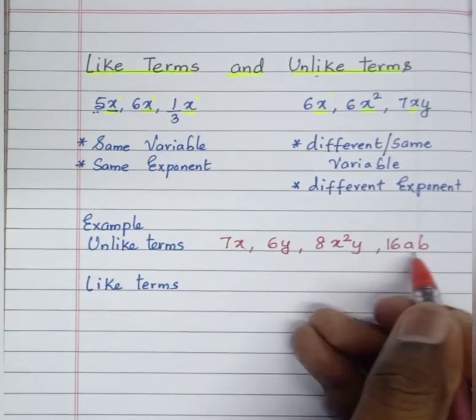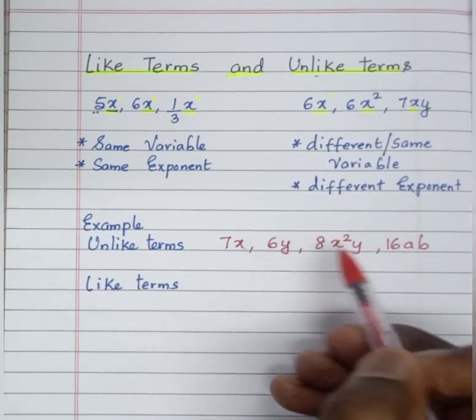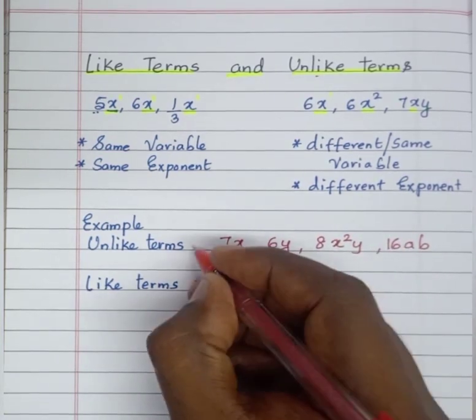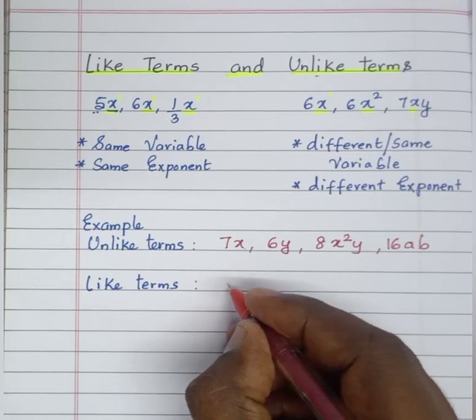Now if you see, the variables are different and exponents are different, therefore they are unlike terms.